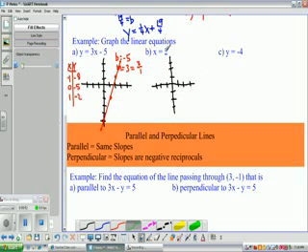What this is saying is all the x values are 2. So x is 2 at the points 2, 0, 2, 1, 2, 2, 2, 1 half, etc. So what ends up happening is we get a vertical line where all the x's are 2.